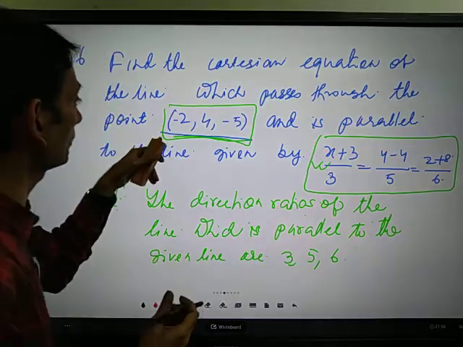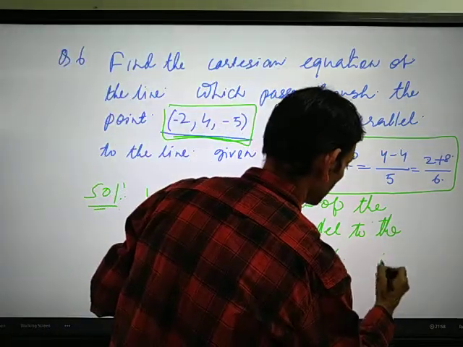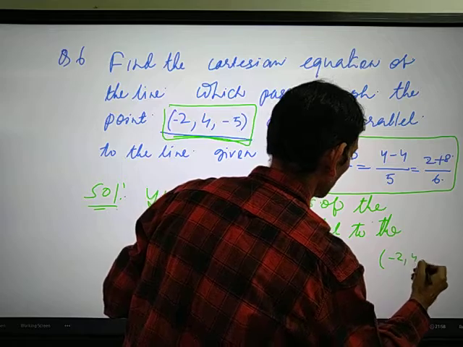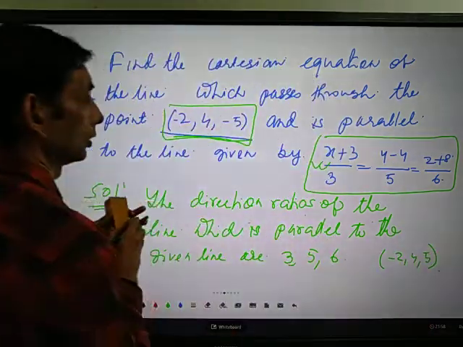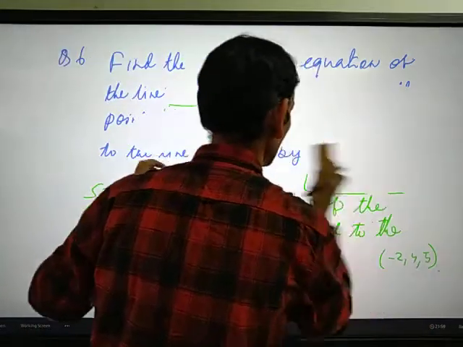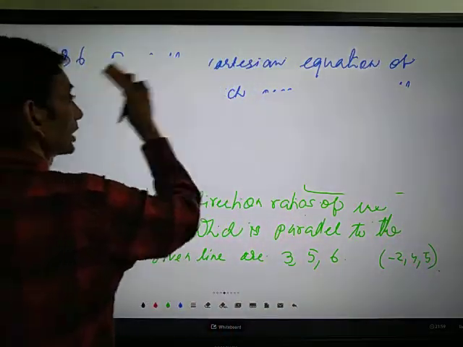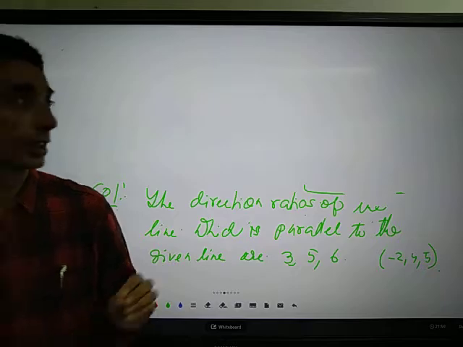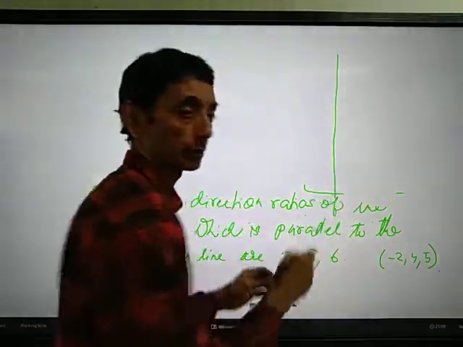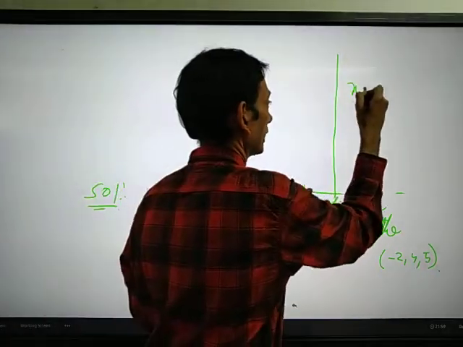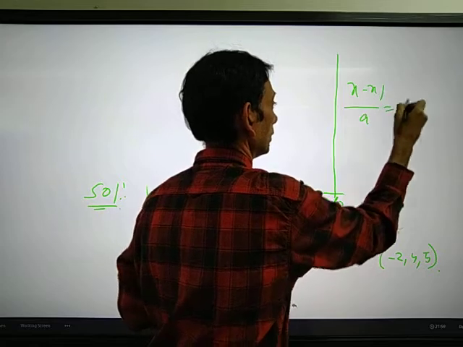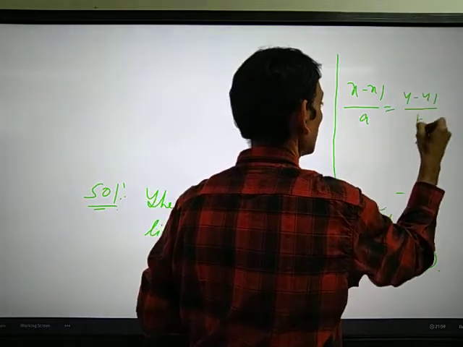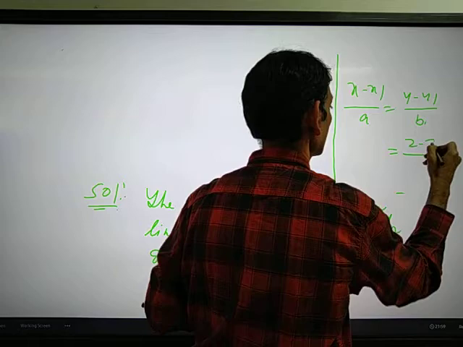Okay, what is the point given? -2, 4 and 5. So just take the point -2, 4 and 5. Therefore, what is the equation of the line in Cartesian form? Okay, I'll write the equation of the line: x minus x1 by a equals y minus y1 by b equals z minus z1 by c.